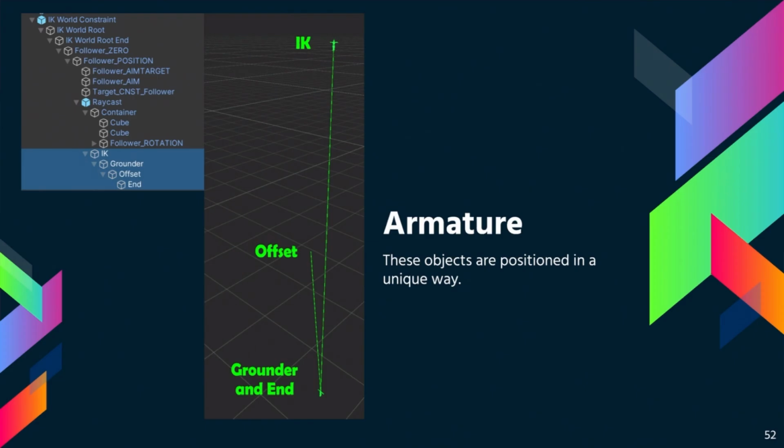And this allows the IK to stretch very, very far. In my example last year, I did the same kind of thing, but I did it on a much smaller scale. So it couldn't have reached quite as far as this example can, which is great. I don't think most situations you're going to be 100 feet or 100 meters off the ground. So this is a pretty robust way of doing it.